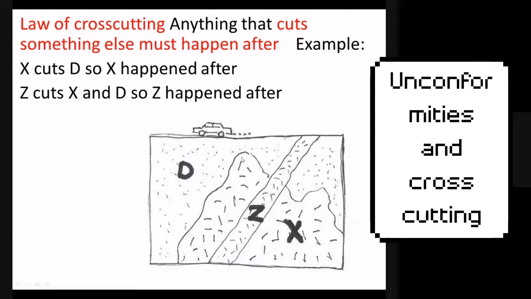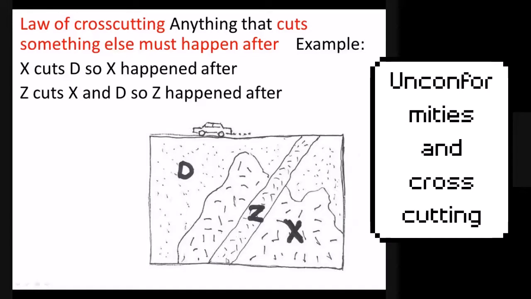And it should make sense if you've got a piece of paper, you can't cut nothing. You need something there in order to cut it. So you need paper in order to cut the paper. Doesn't work without something there to cut. Okay? So in this case, X cuts D, and then notice how X gets cut by Z. I'll give you a hint. Igneous intrusions, they don't form giant spikes above the Earth's surface.